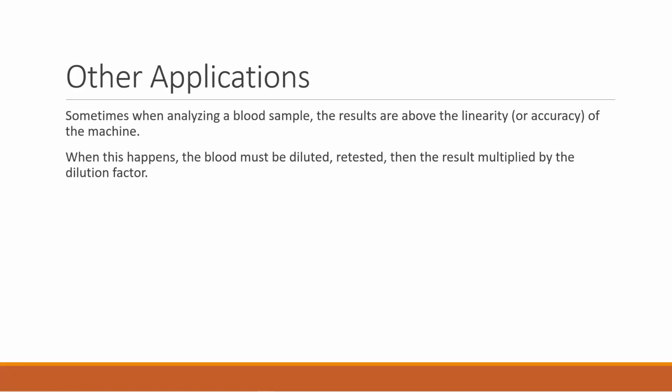So we end up with a falsely decreased result. When this happens, and your procedure manual will tell you, and a lot of the modern machines will let you know when the result exceeds the linearity of the machine, in that case, you have to dilute out the sample, retest it, then the result is multiplied by that dilution factor.